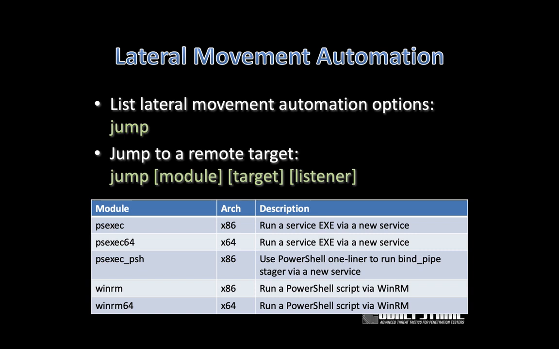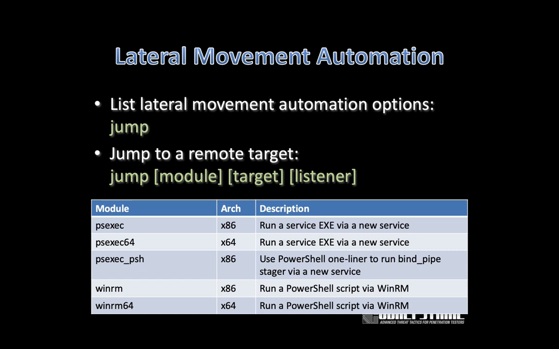Type jump in the beacon console to list your different lateral movement automation options. If you want to jump to a remote target, do jump, the module name, the target, and the listener.